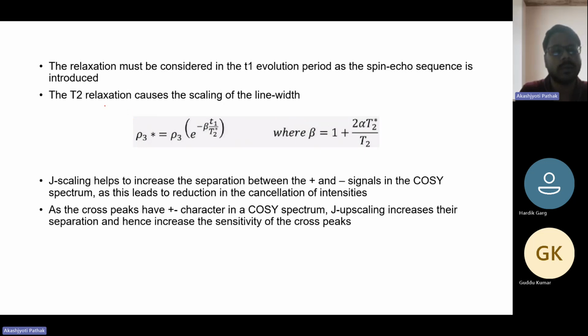So if we take this T2 relaxation into consideration, then this rho 3 product operator expression that we were getting will get multiplied by a scaling or relaxation factor. This term that you are seeing here is called the relaxation factor.